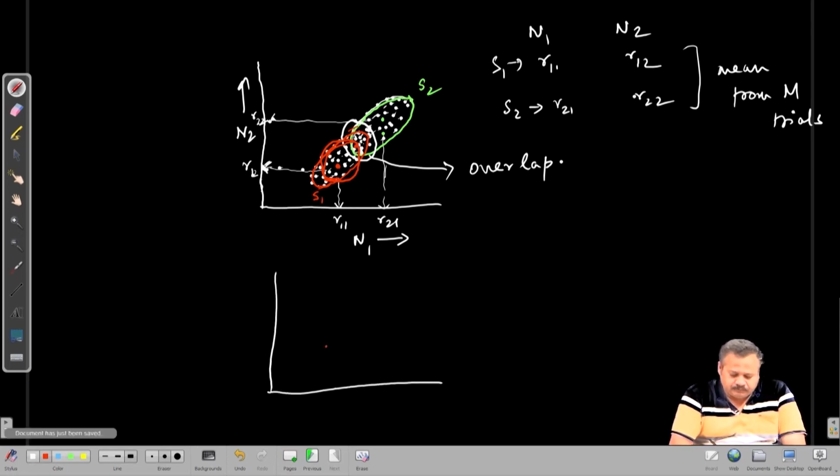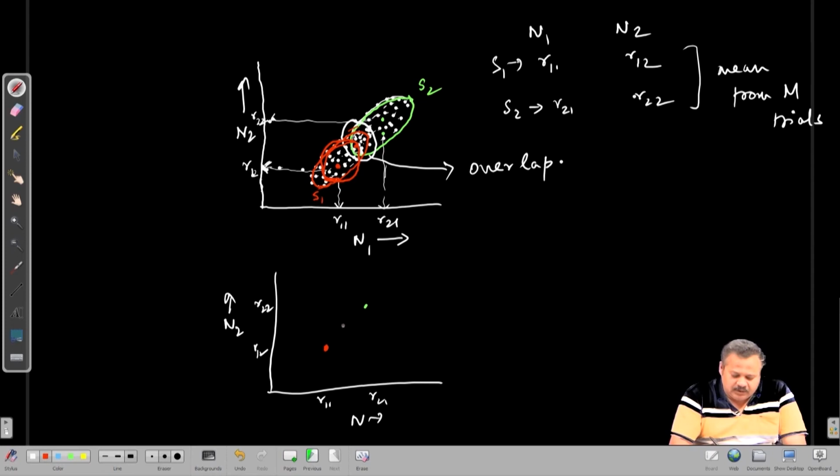This is our R11 and R12, and these are R21 and R22, neuron 2, neuron 1.